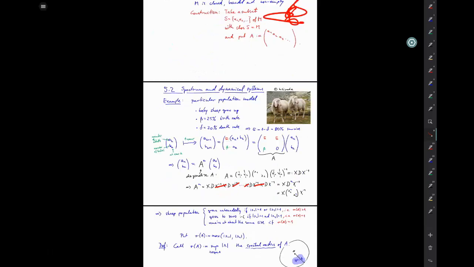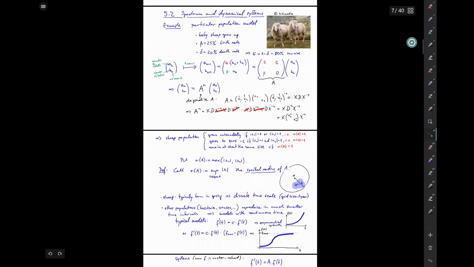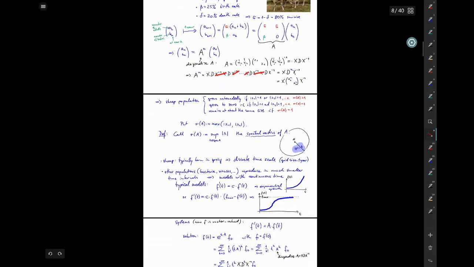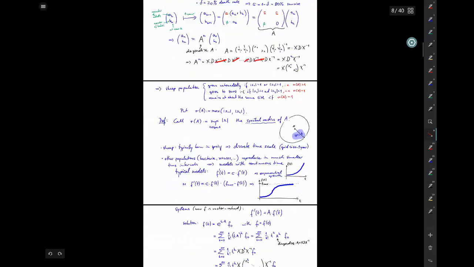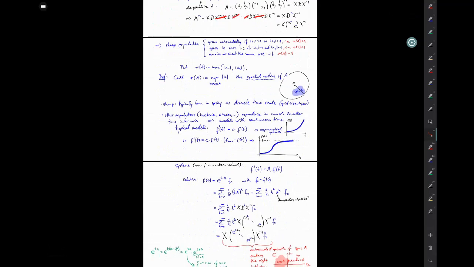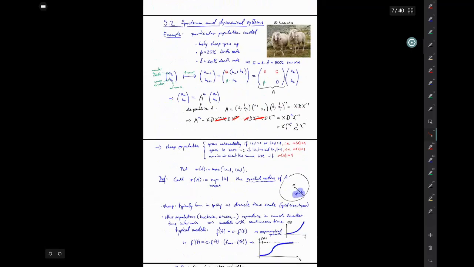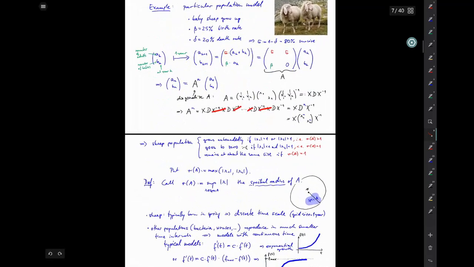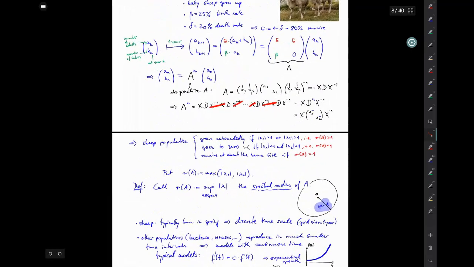5.2 is here to remind you that the spectrum is important for many different things, and it's telling you what your dynamical system is doing when time goes to infinity. So for time discrete systems, think of our sheep breeding activities, you want the spectral radius to be bigger than 1 if you want to grow, or less than 1 if you want to go down to 0.